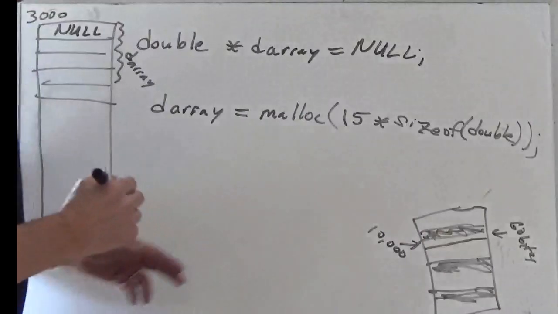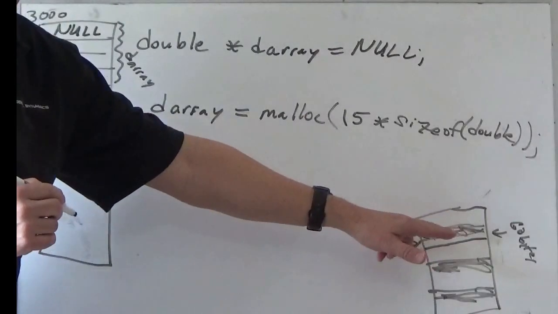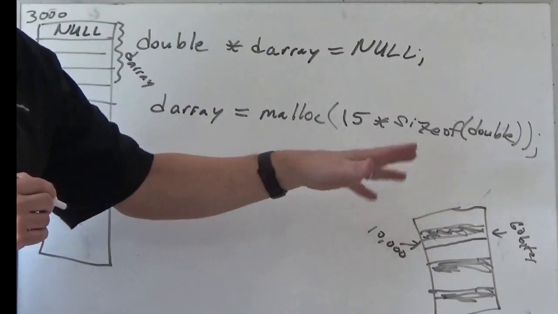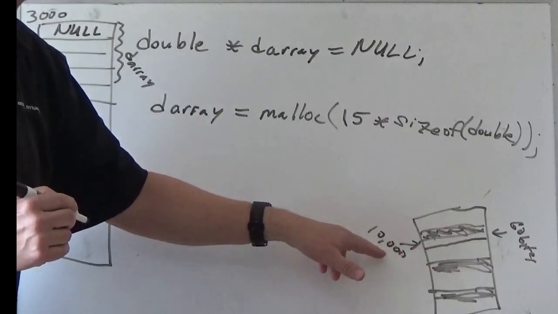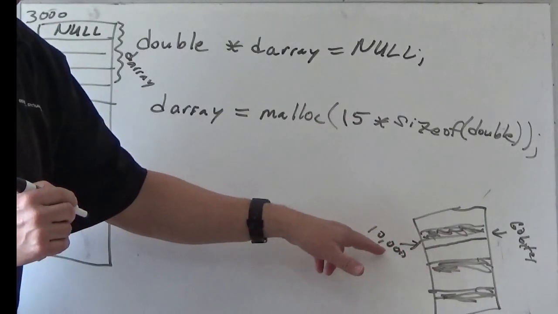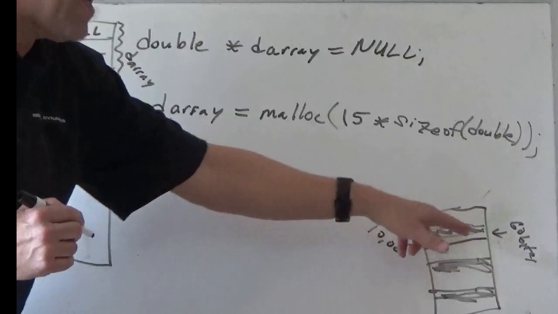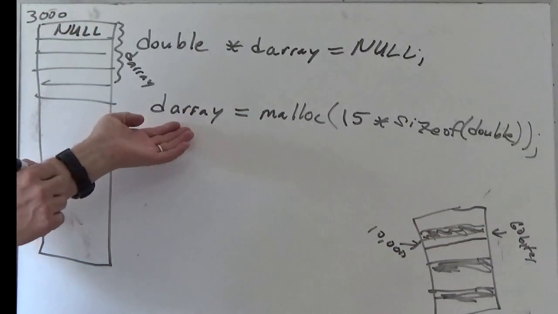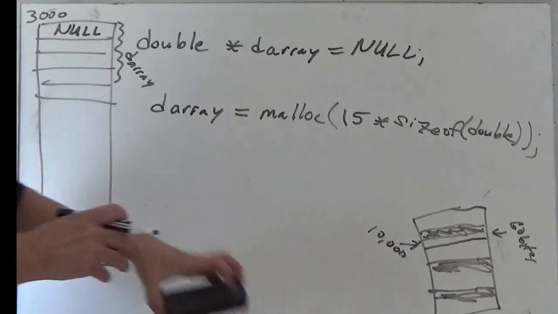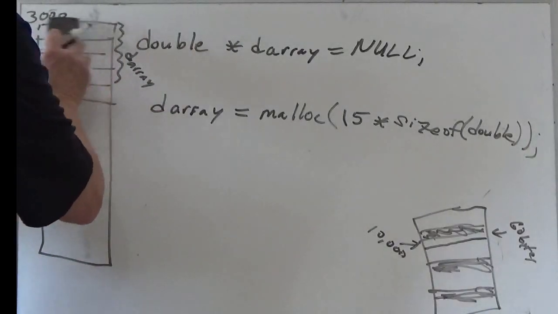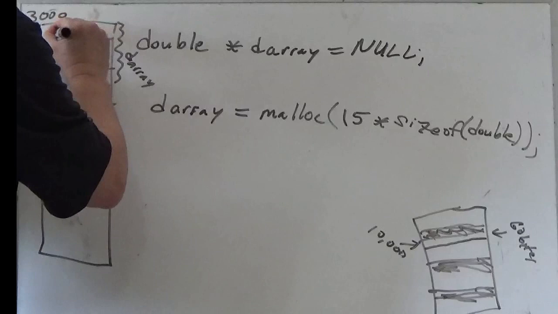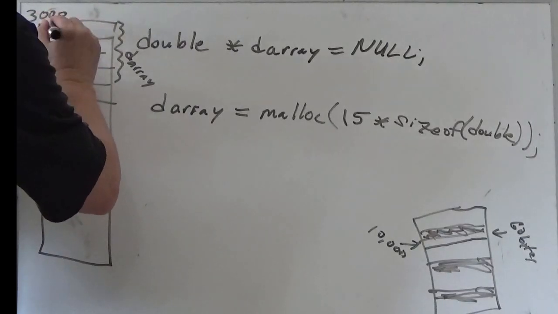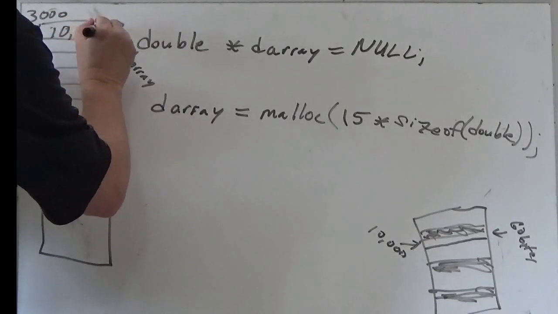Now we have a memory area of 60 bytes that can be used by our program, and we return the memory address of that block of memory. Since we're returning that, it's going to be stored in D array. So this is no longer null. It is now the memory address 10,000.